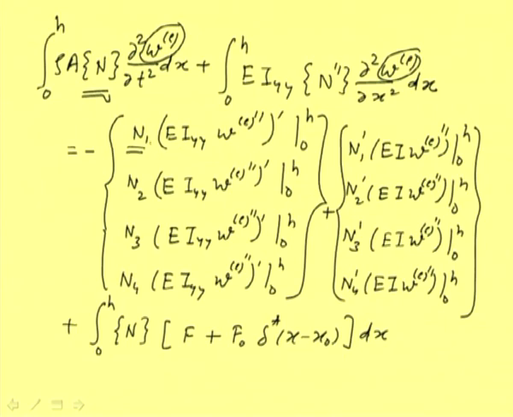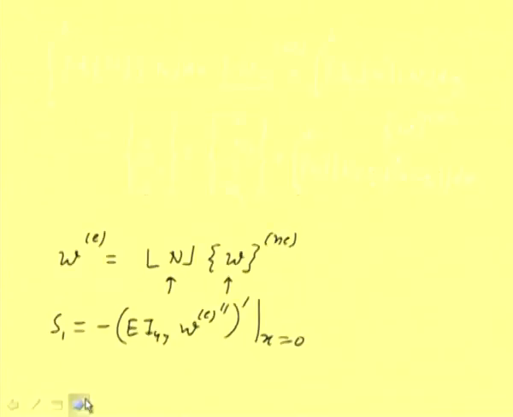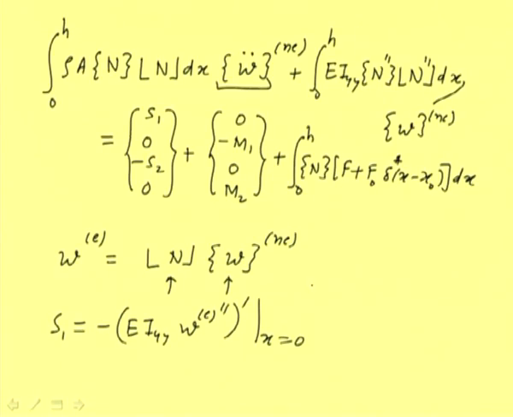So N1 is 0 for x is equal to h, and it is 1 for x is equal to 0, so that gives us the S1, and this is the S2 term. Similarly, this is the M1 term, M2 term. Other terms are vanishing. So M1 is EIyy w e double prime at x is equal to 0.